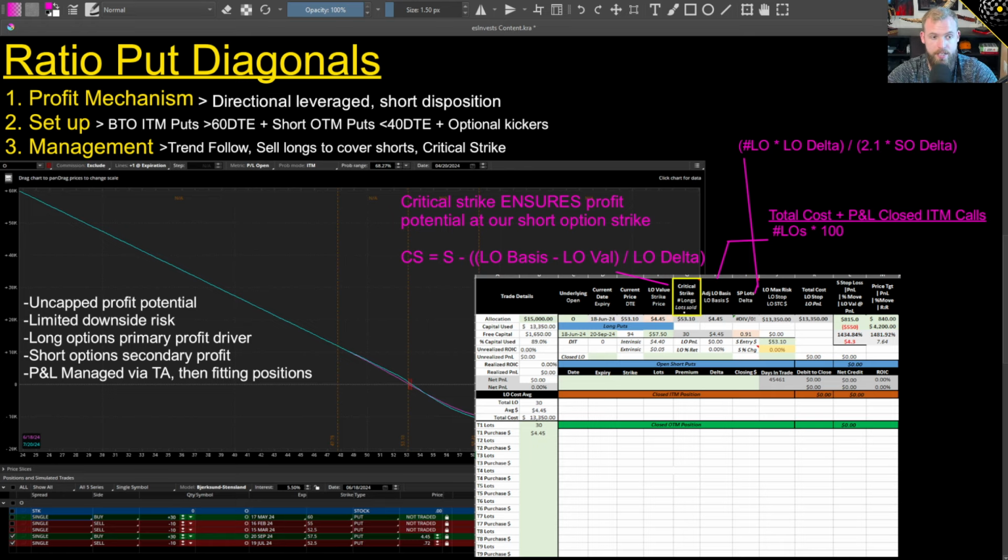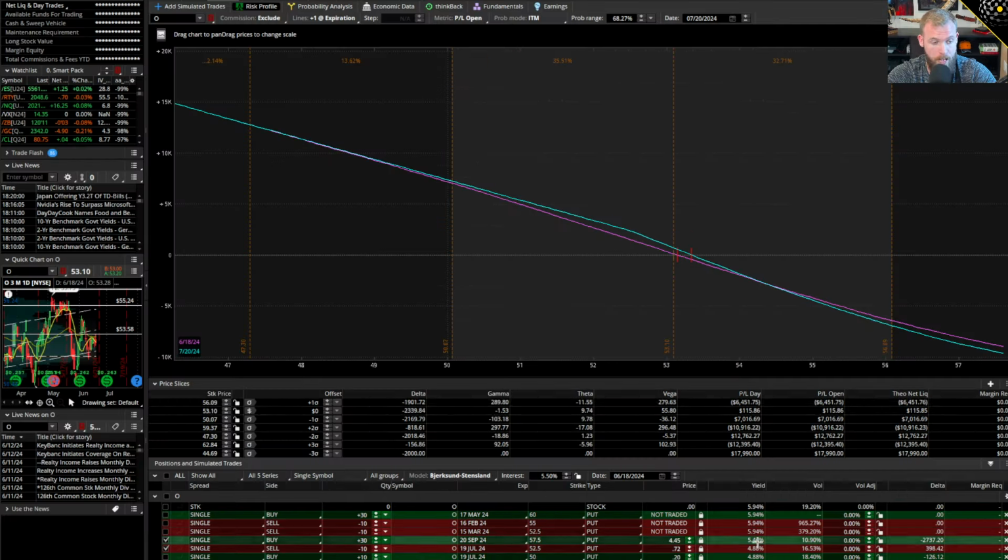But as the trade moves around, as these deltas move around, sometimes unfavorably, it changes where you can sell short options against the longs and not lock in a loss. Now, the other cool part is, depending on your platform, if you don't want to do that math, you don't have to. The platform can do it.